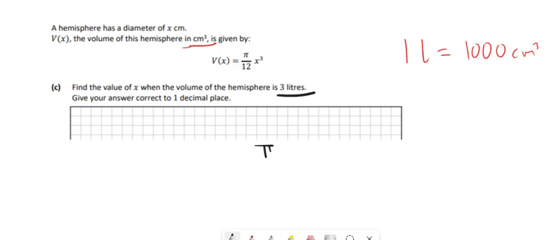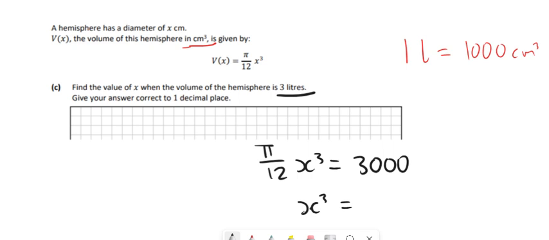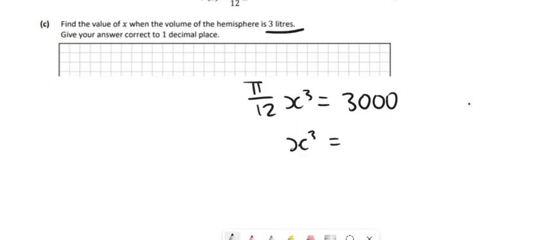So it's just going to be pi over 12 x cubed is equal to 3000. And then we solve for x. X cubed is equal to 3000 over pi multiplied by 12.